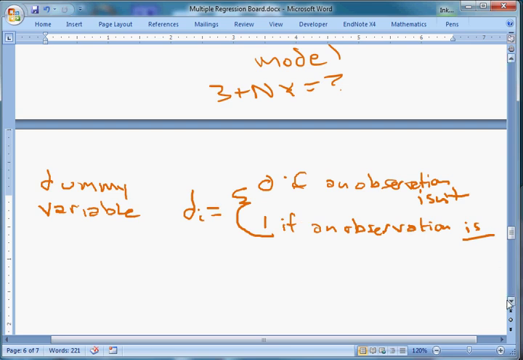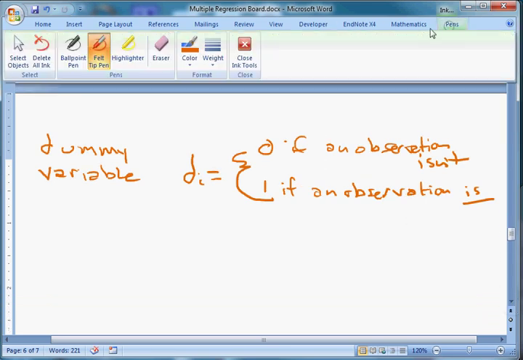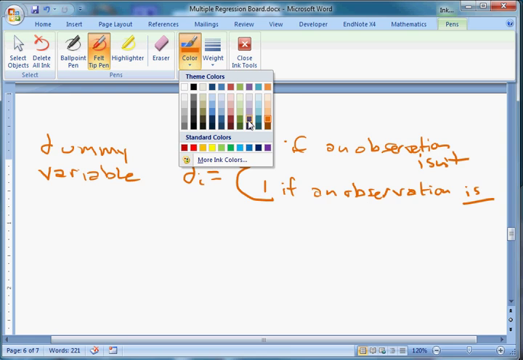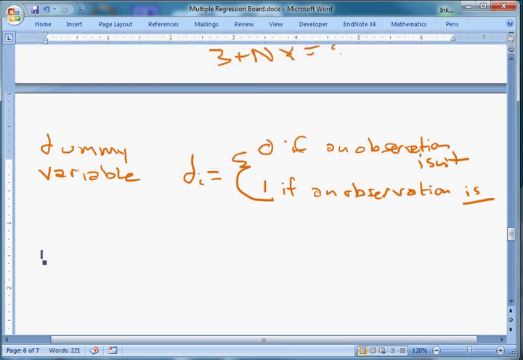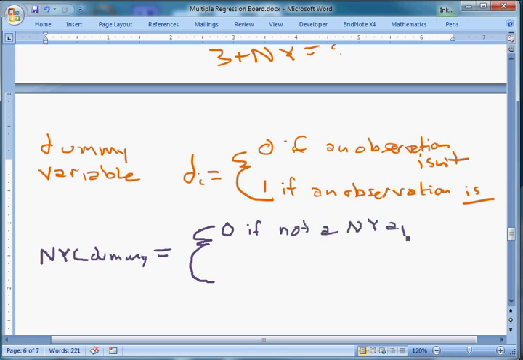What does that mean? Well, let me explain it a little bit further. Let's create a dummy for our particular use. I'm going to create a variable called NYC dummy. And this is how we define it. NYC dummy is going to be a variable that we're building that's 0 if not a New York apartment, and 1 if it is a New York apartment.